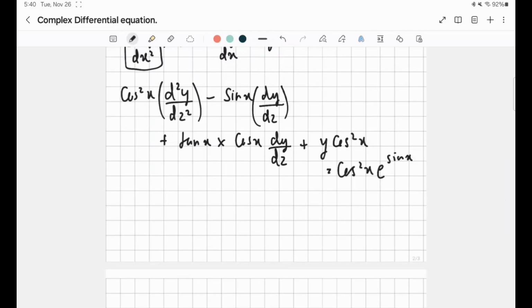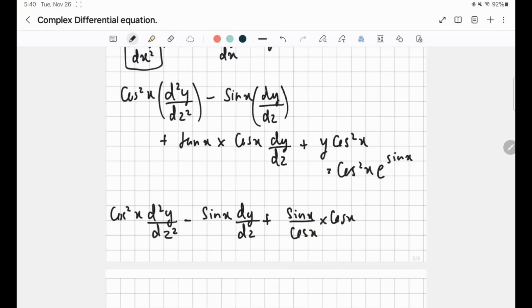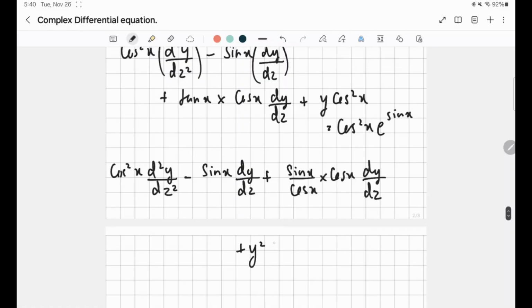That's going to give you cos squared x times the second derivative, minus sin x plus, and here it's sin x over cos x times cos x, because tan x is sin x over cos x, times dy over dz, plus y cos squared x equals cos squared x e to the power sin x.